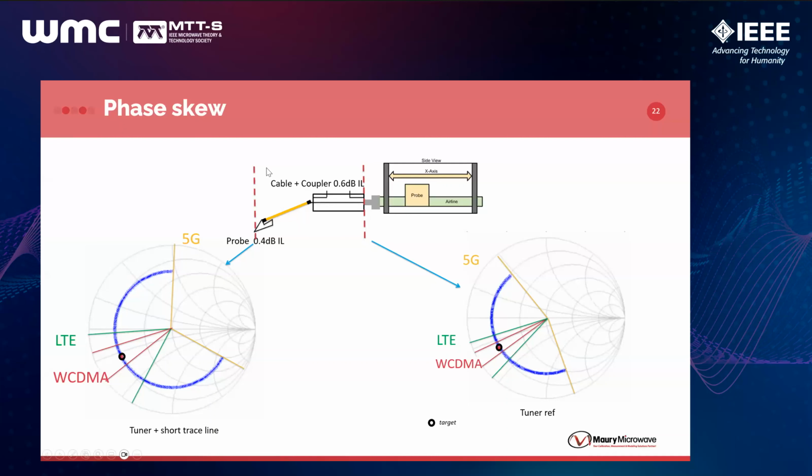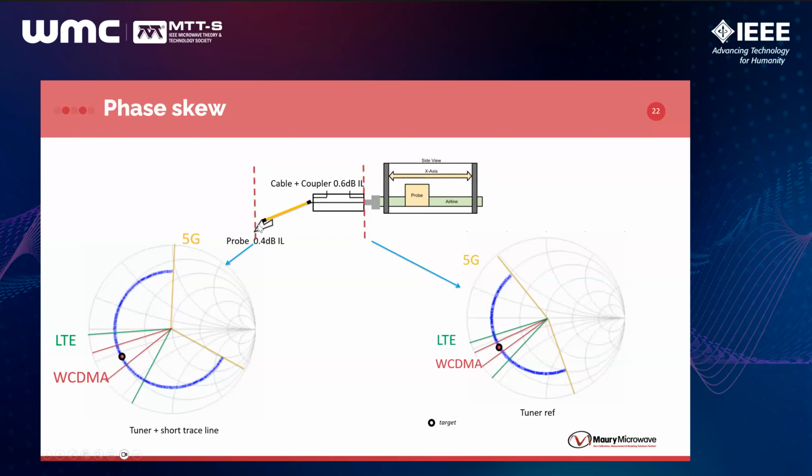But if we move this reference plane to the probe tip, we increase the length from the tuning reference plane to the DUT reference plane, and then we can see that the skew of the phase is even larger. And with that, we can see that a tuner needs to be changed in a way to reduce this length.